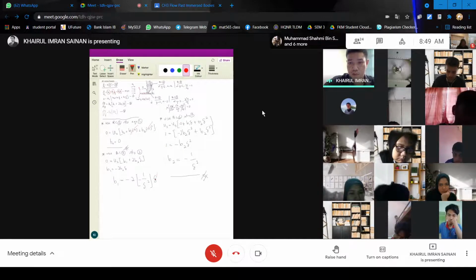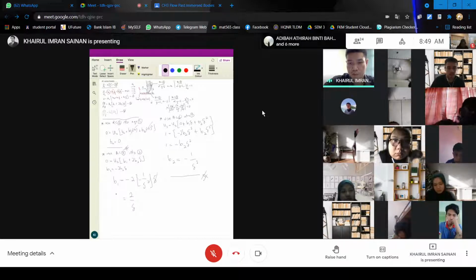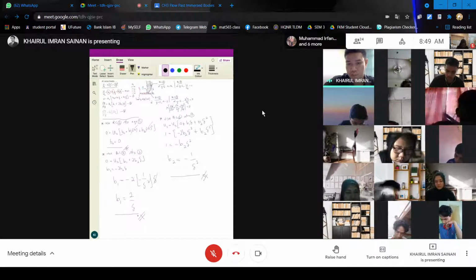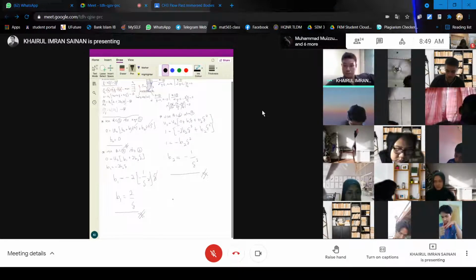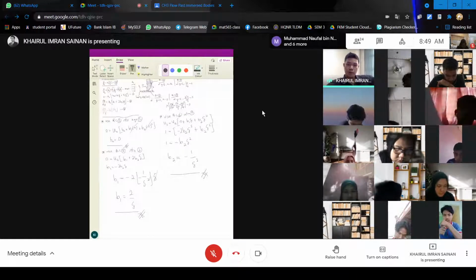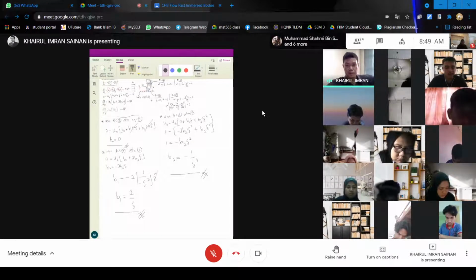So this one is cancelled out, and you're gonna be left with 2 divided by delta. So that is b1. Then b1 equals to 2 divided by delta, b2 equals to negative 1 over delta squared.